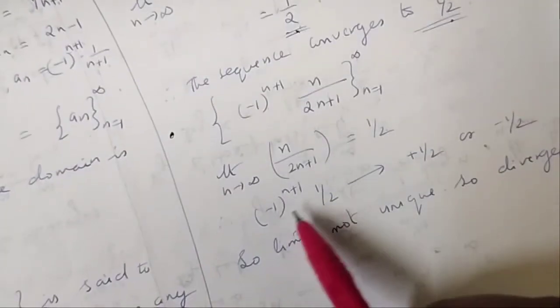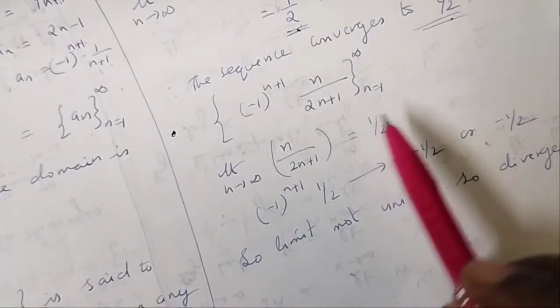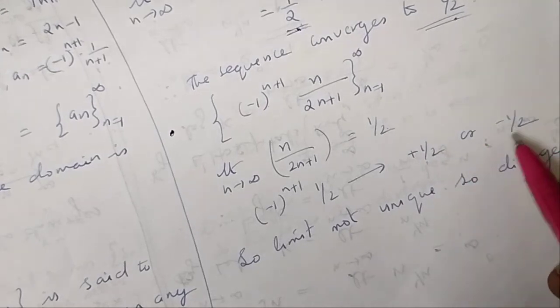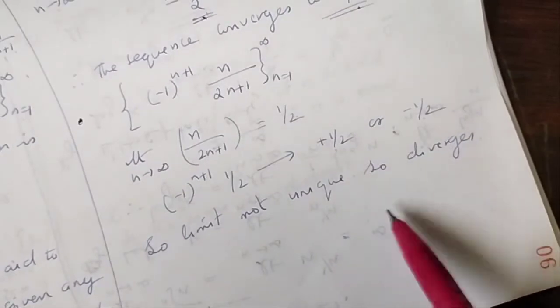So with minus 1 raised to n plus 1, as n tends to infinity, the limit will be plus 1 by 2 or minus 1 by 2. So the limit is not unique. In some cases it is plus 1 by 2, in some cases it is minus 1 by 2. So it is not unique. So the sequence diverges.